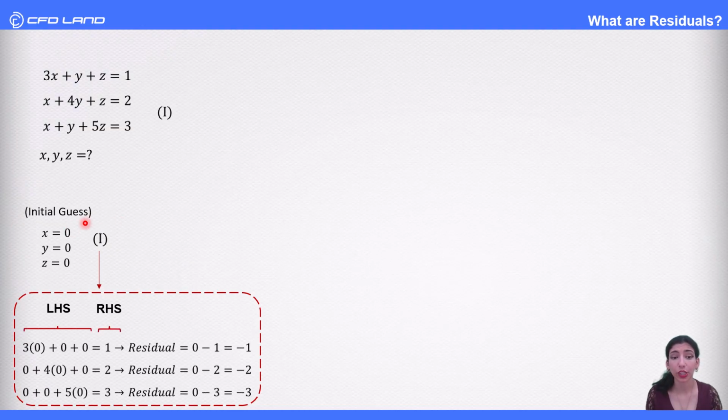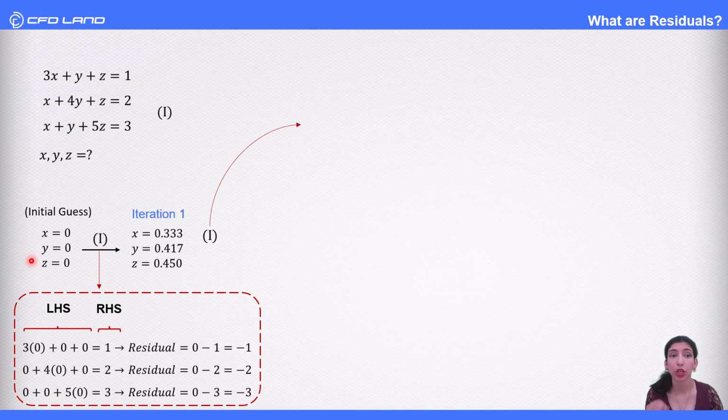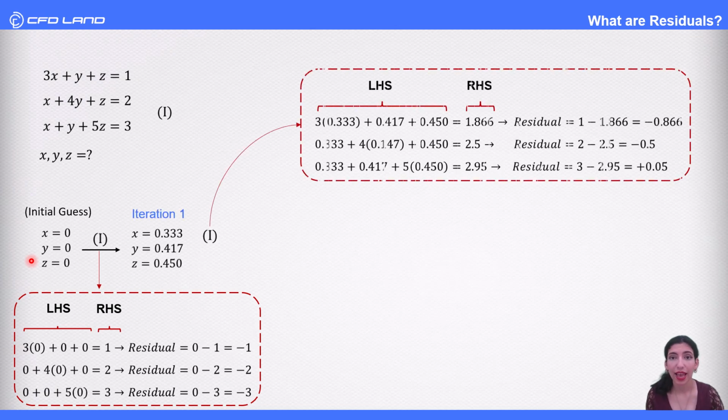Well, with our initial guess, we have pretty large residuals. So our initial guess is not close to the exact solution. We need to iterate. So we update our variables, then again, input them into the equations and calculate residuals.